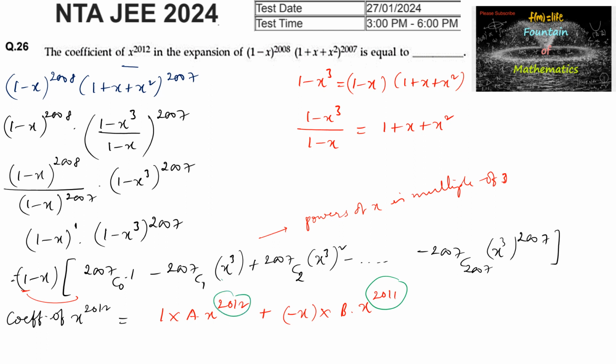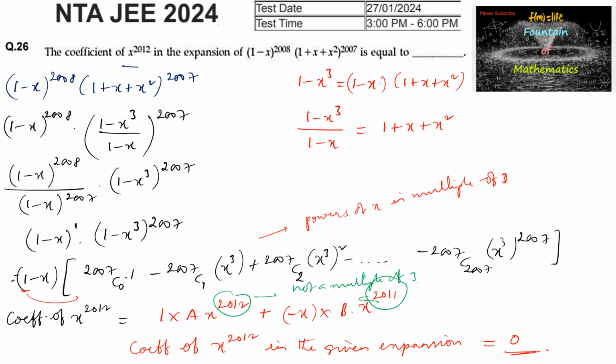These both are not multiples of 3, and hence we will not find either x^2012 or x^2011 in this expansion. Hence the coefficient of x^2012 in the given expansion will be 0, since there are no such terms.